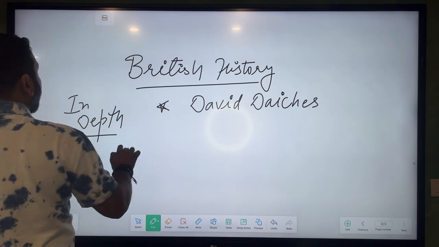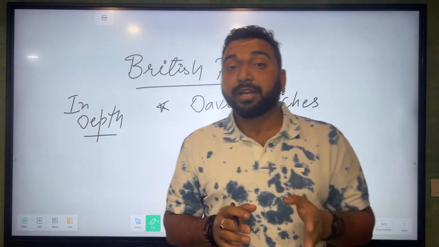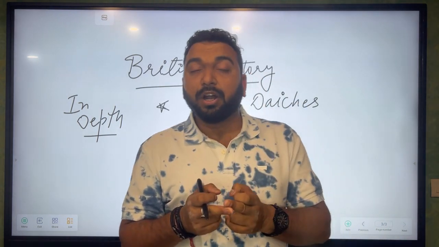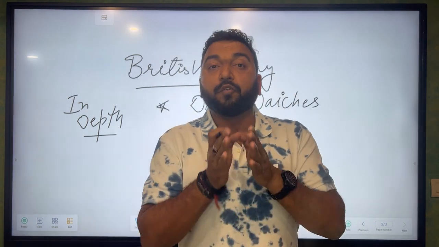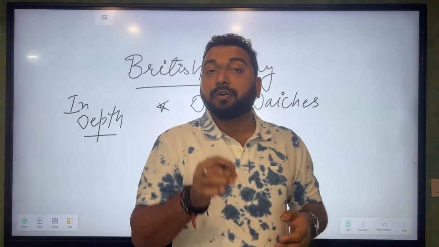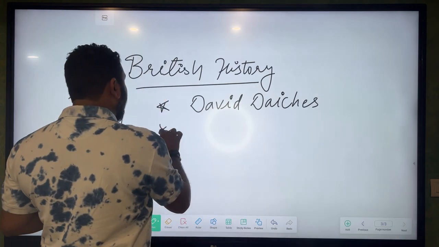In-depth knowledge के लिए आपको David Daiches पढ़ना ही पड़ेगा. Why? So that you can go for descriptive answers. When you read a lot, you develop a language, the idea to write. If you want to write better answers in your question paper, make sure you have a habit of reading. David Daiches is very, very important.